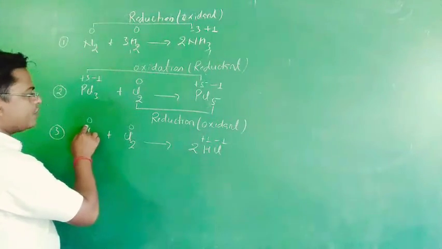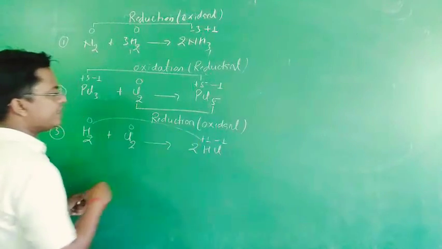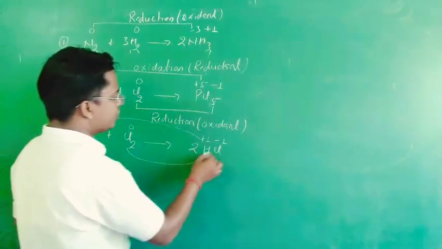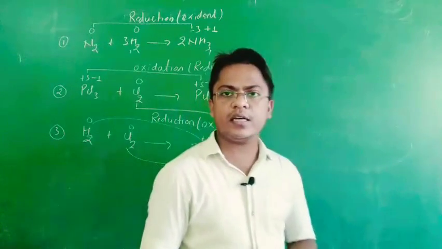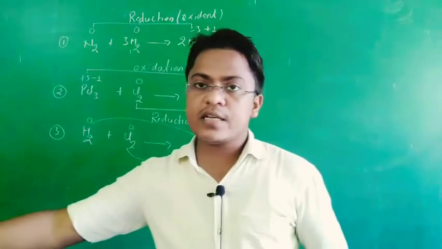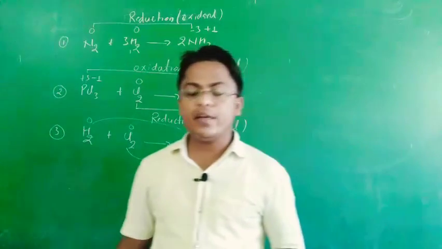Okay, you can see there is an increase in the oxidation state of hydrogen, so definitely there is oxidation, and there is a decrease in the oxidation state of chlorine, so definitely there will be reduction. Okay, so these reactions will definitely help you to identify the given material.